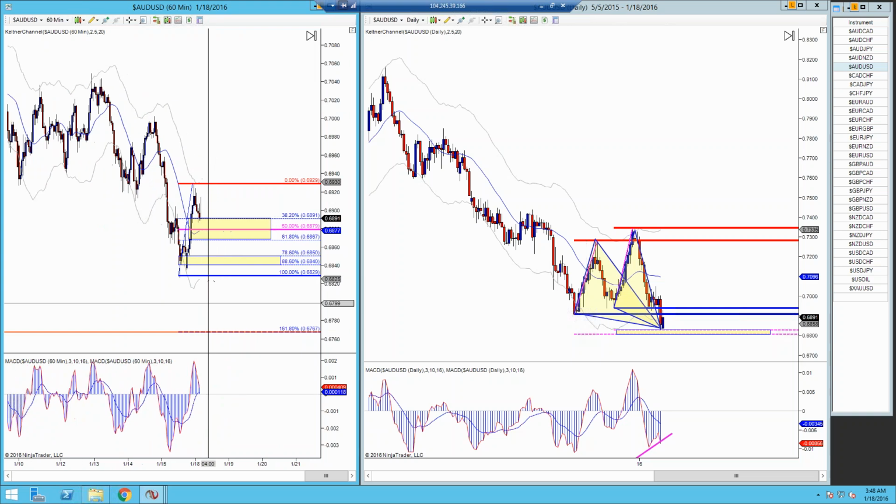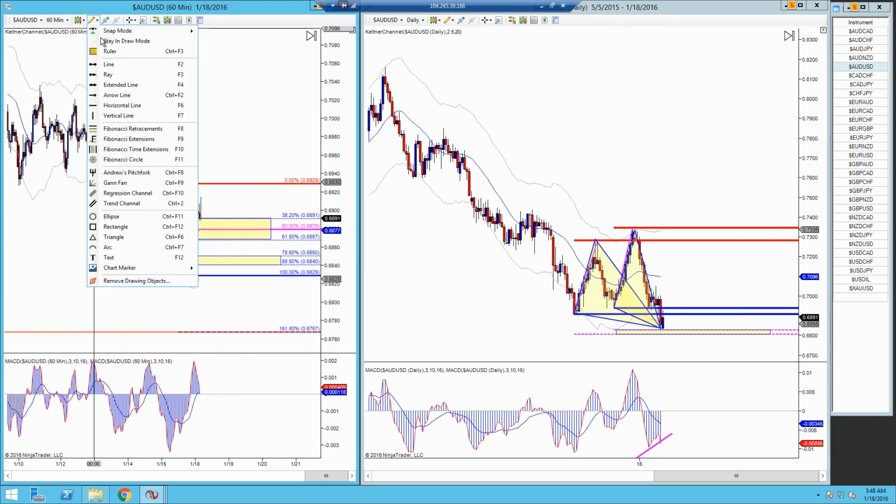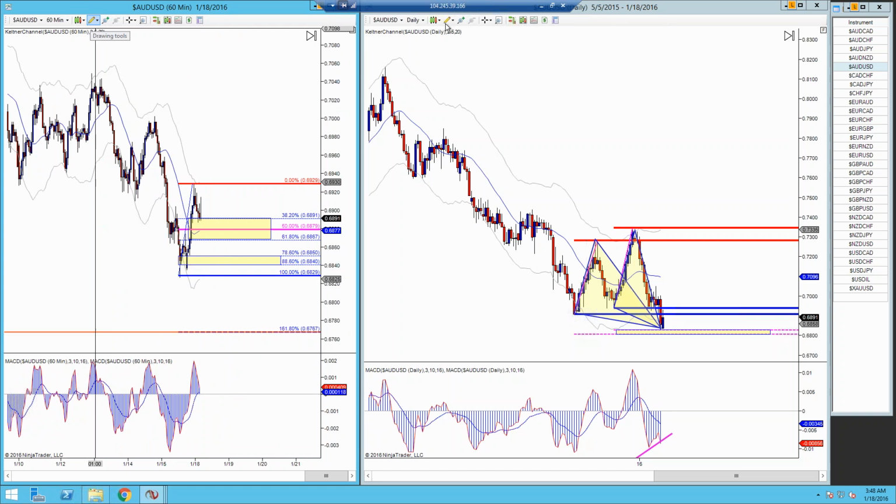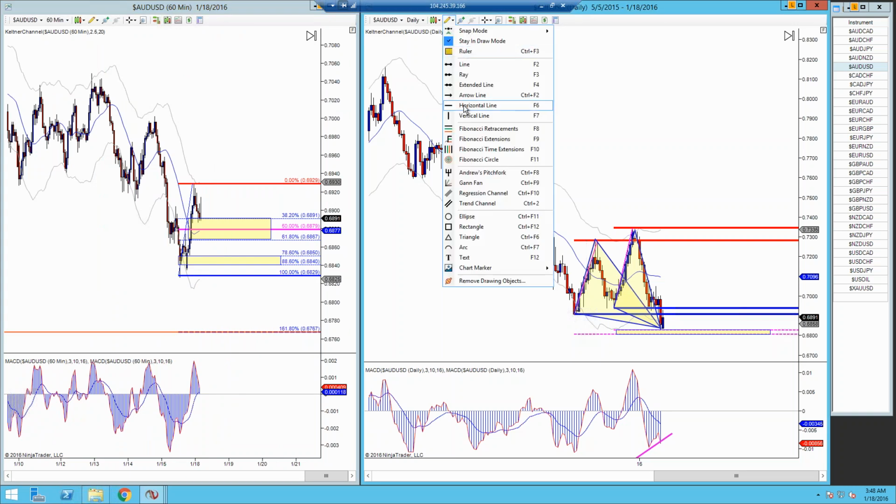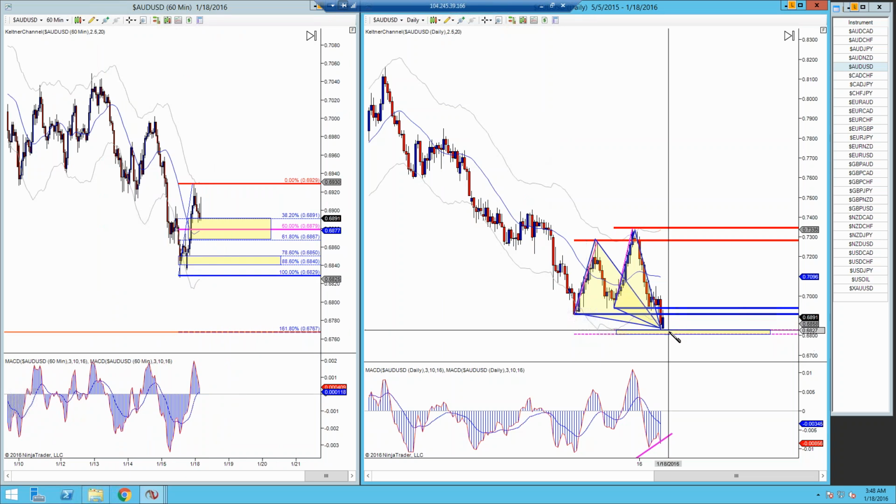Here's the reason why. What if price is not completed here and still needs to test into the zone? This is a key area. What if it needs to test down a little bit here? See that? What if?